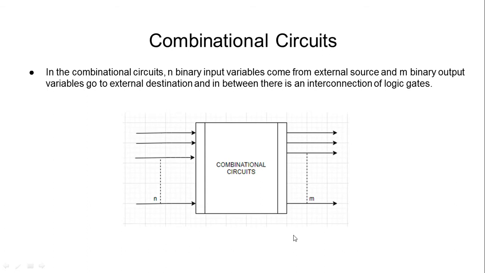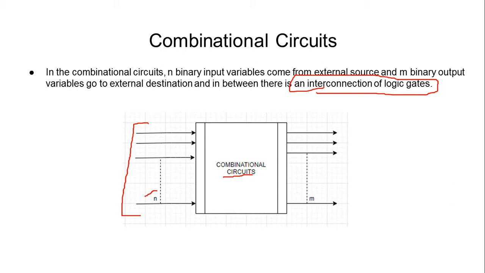So, as we discussed in the previous session, what are the combinational circuits? These are nothing but the interconnection of logic gates. So, this is the basic key term being used in the combinational circuits. The rest thing is that the output of combinational circuits is purely dependent upon the input variables we are providing at the moment, right?